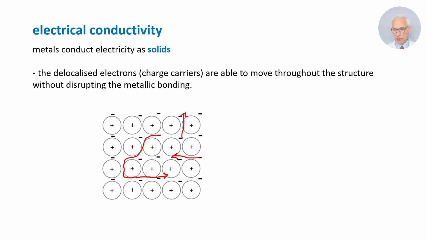That movement, because of the fluid nature of the sea of electrons, can occur without disrupting the metallic bonding. That is, there's no energy barrier to that. So these delocalized electrons are able to move throughout the structure, carrying electrical charge. Hence, solid metals are electrical conductors.